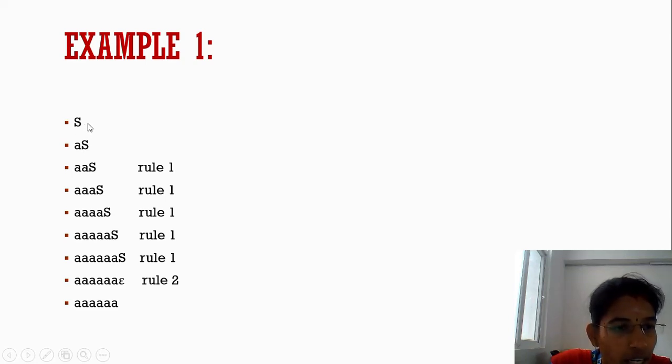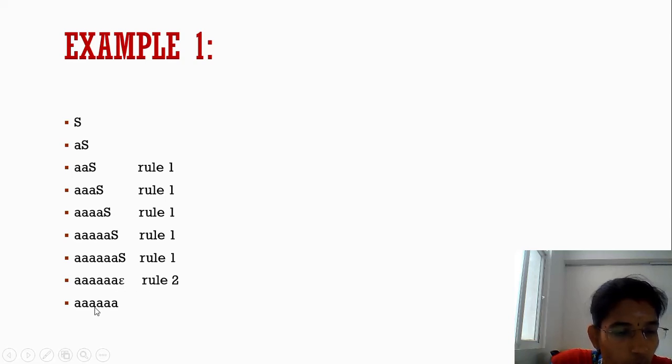Again, the last S can be replaced by aS. It is repeated many times, up to 6 times. The last S can be removed by substituting epsilon. Here we follow rule number 2.